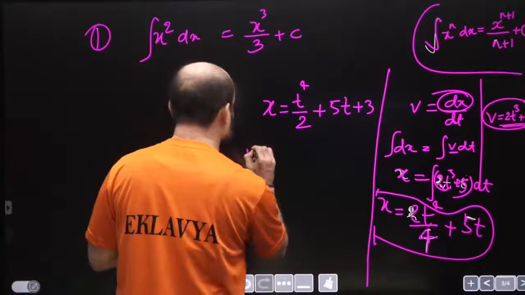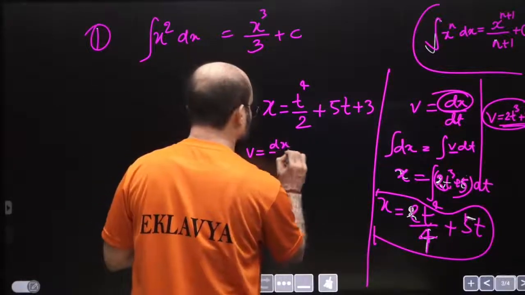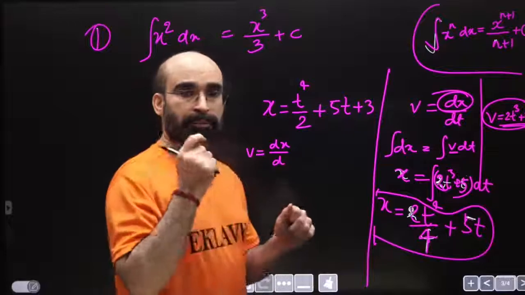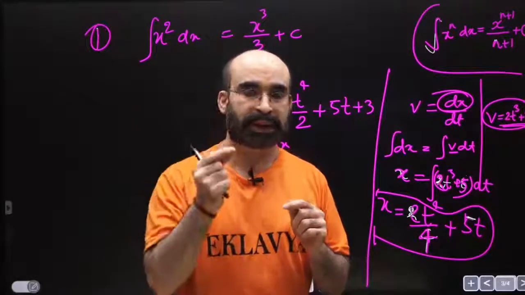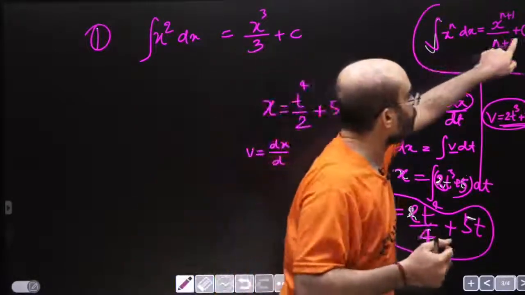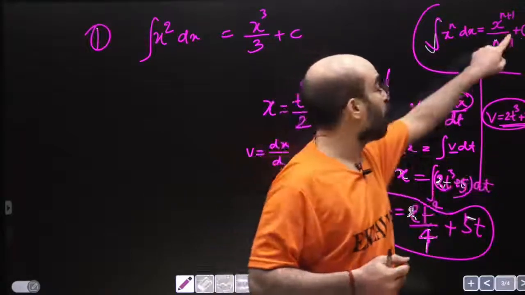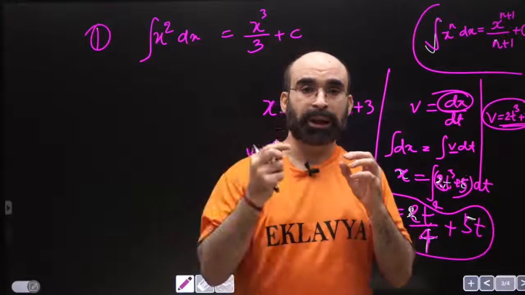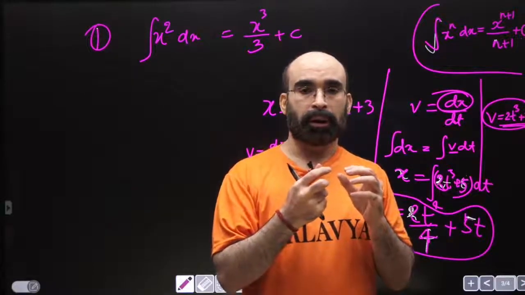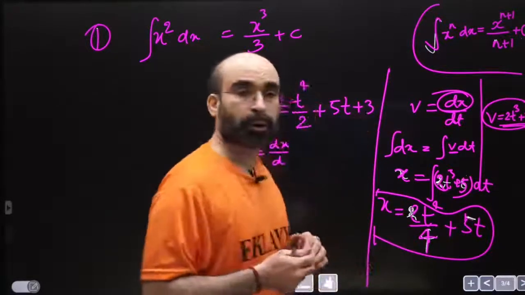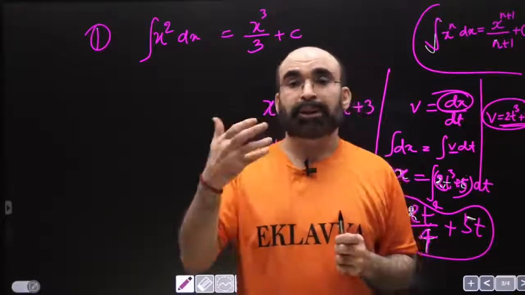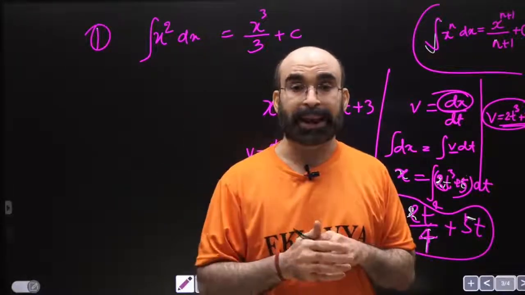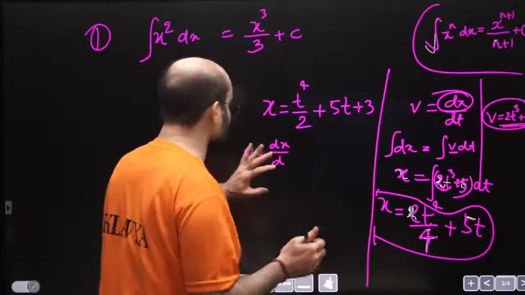If we find out v, what we will get? Just hang on. In a couple of minutes, you will understand why there is a need of putting this constant, because we don't know what constant would be there. I will explain why this is important.